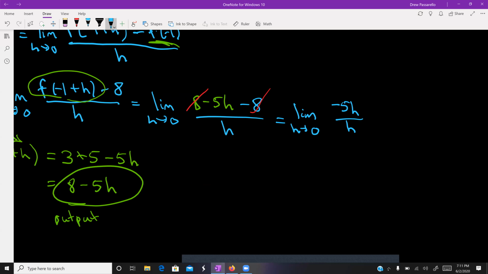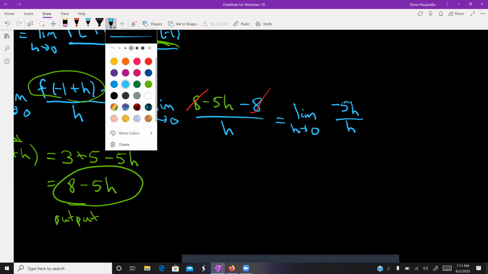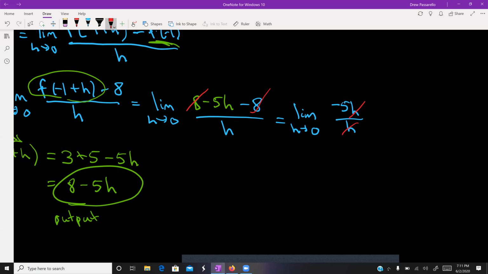Well, I can do h divided by h, so we're left with negative 5. Now there's no h involved, so it doesn't matter what it's approaching. The result is negative 5.